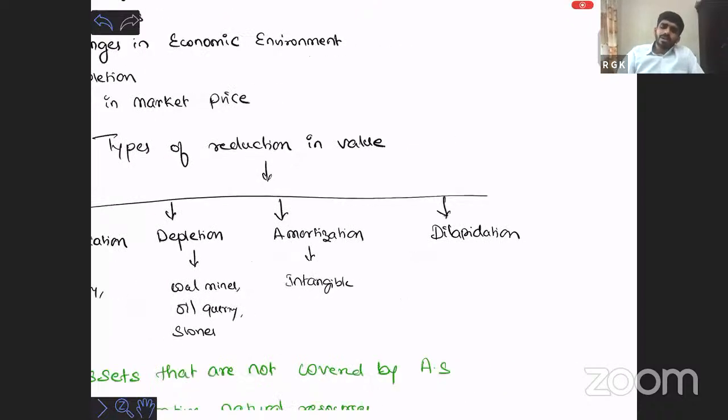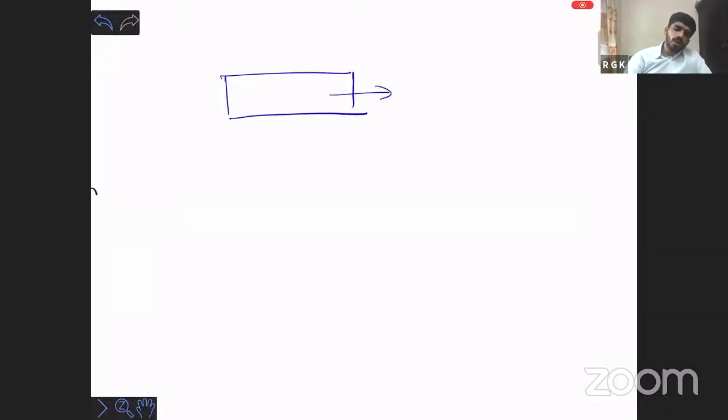So how does this depletion actually work? I can show you with an example. Let us say you have a piece of land, and this land consists of a coal mine. The value of this land, including the coal mine, might be 200 crores. This may consist of 100 tons of coal.